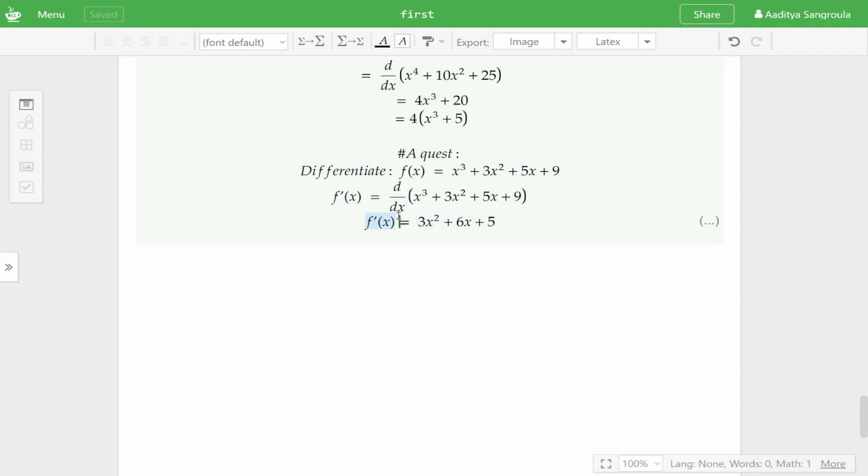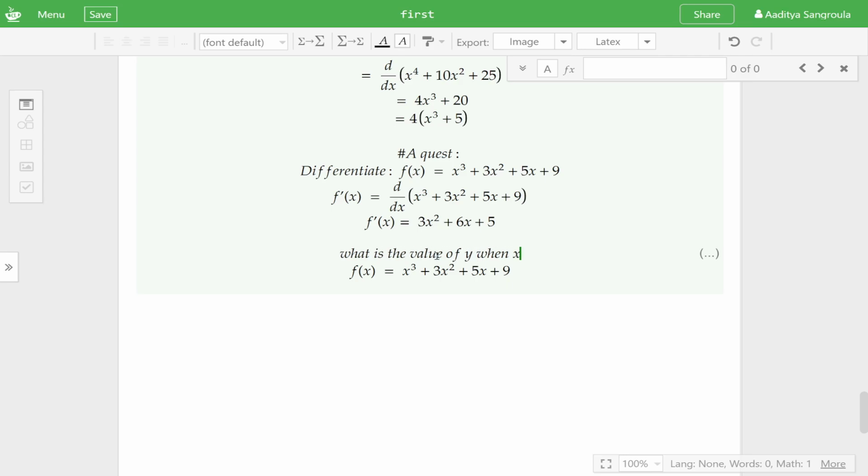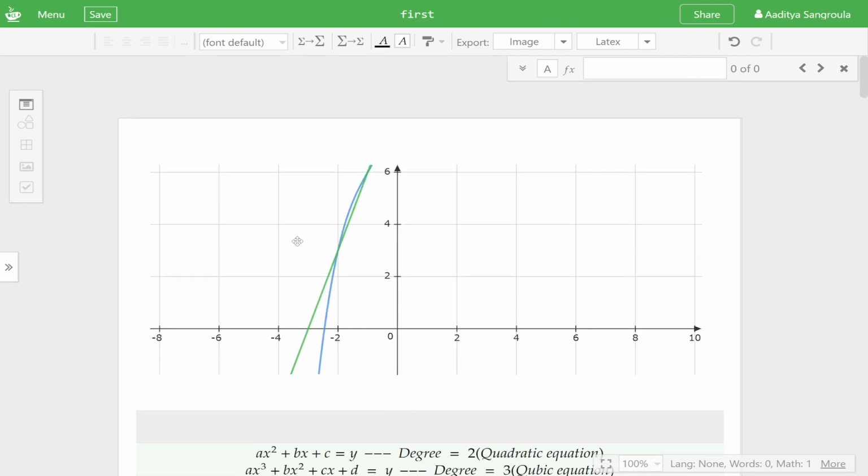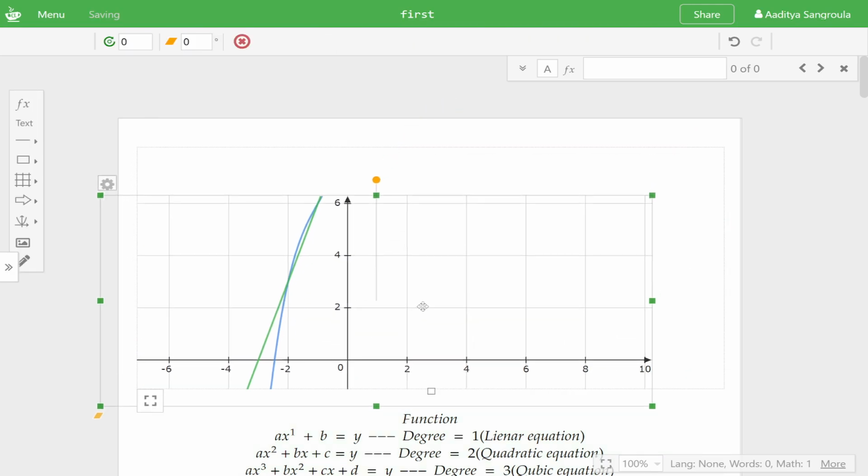For example, if we have this function and we want to know what the value of y is when x is, let's say, let's look at the graph first.